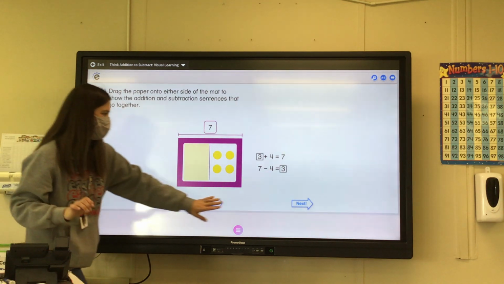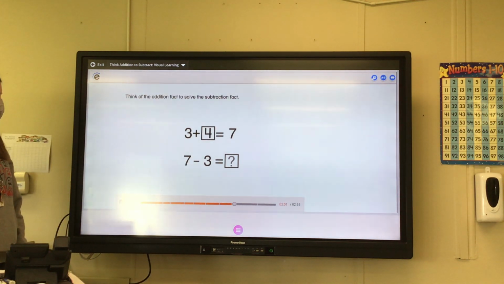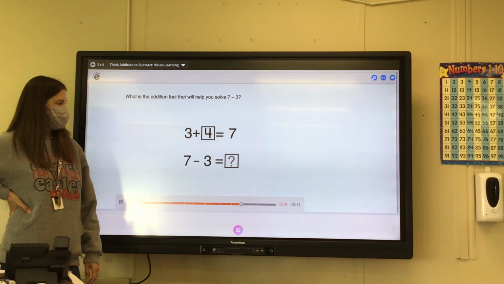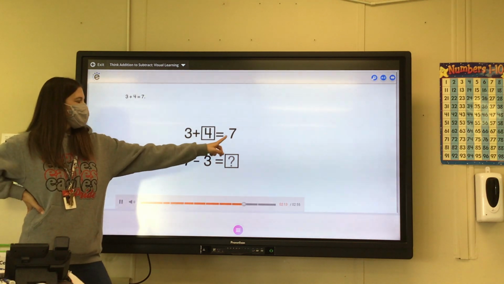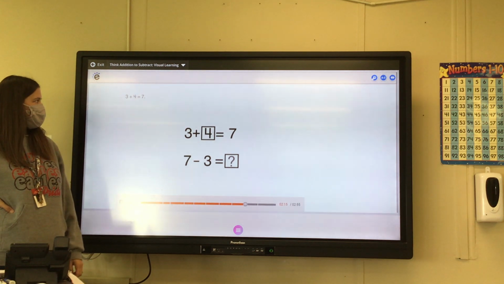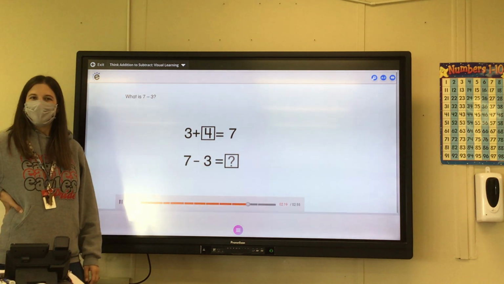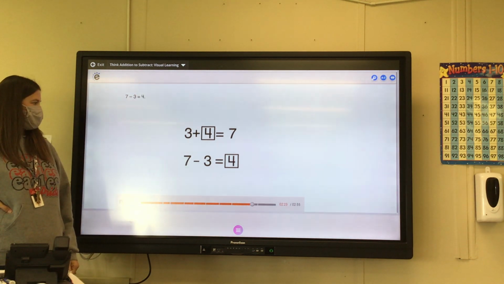Thank you. All right, the related facts. Think of the addition fact to solve the subtraction fact. What is the addition fact that will help you solve 7 minus 3? 3 plus 4 equals 7. What is 7 minus 3? 7 minus 3 equals 4. Excellent.